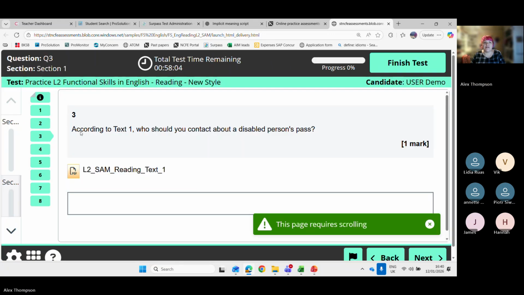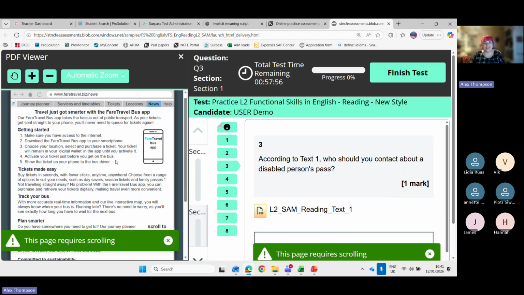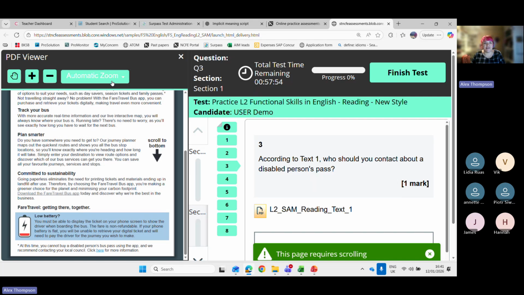Again, this one says, according to this text, who should you contact about a disabled person's pass? Now, I know where the answer is in this one, so I can show you very quickly. Again, I apologise that it's so small. But at the very bottom of this document, there is a little footnote, a little star with some added extra information.